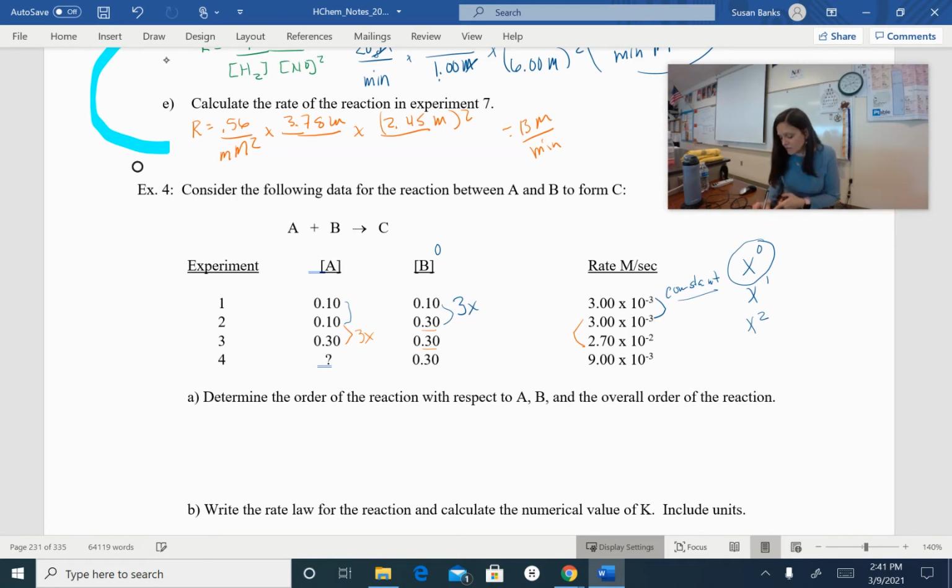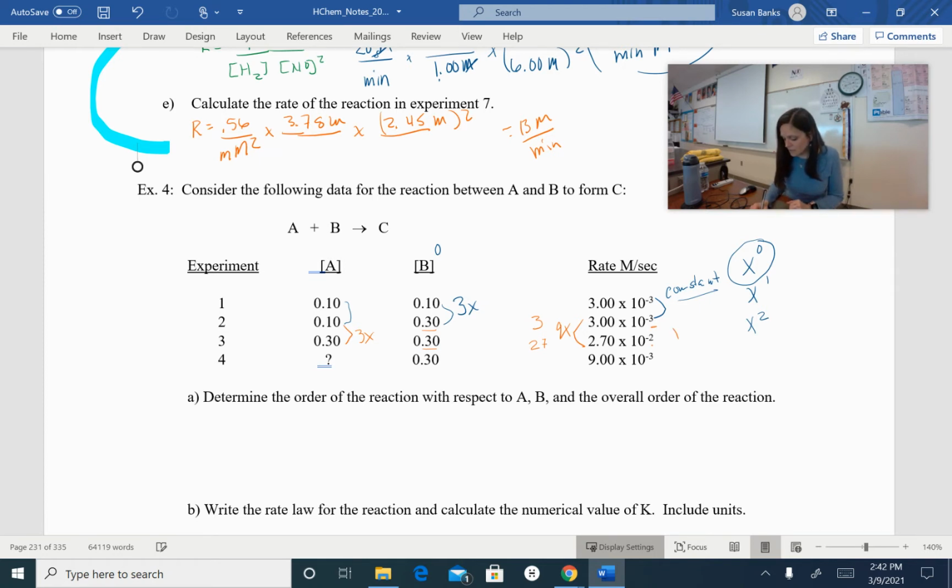Now this is kind of tricky. Notice the power of 10. So this is really 3, and this is really 27 when we look at the power of 10, right? So 27 divided by 3 is really 9 times. So our rate goes up 9 times when our concentration is tripled.